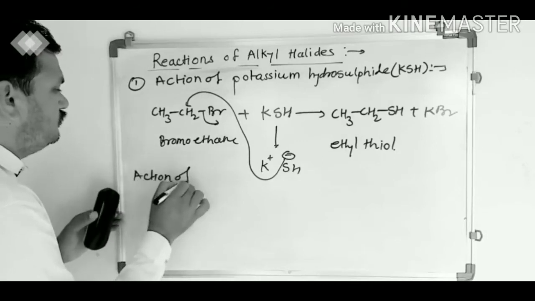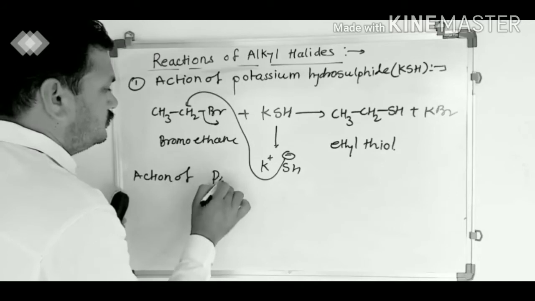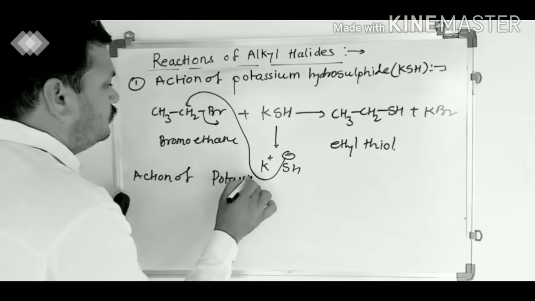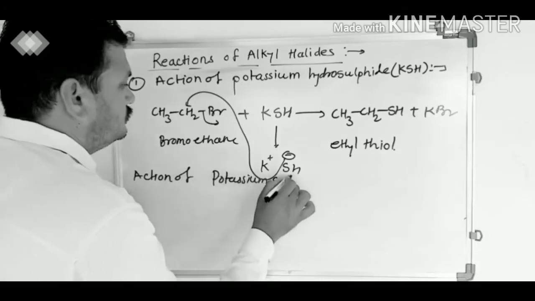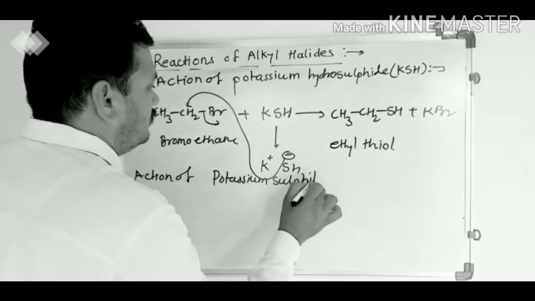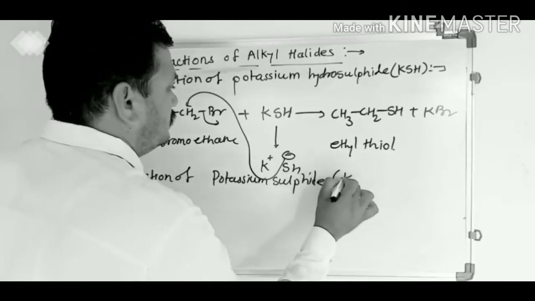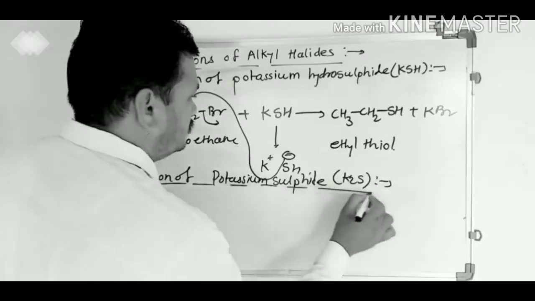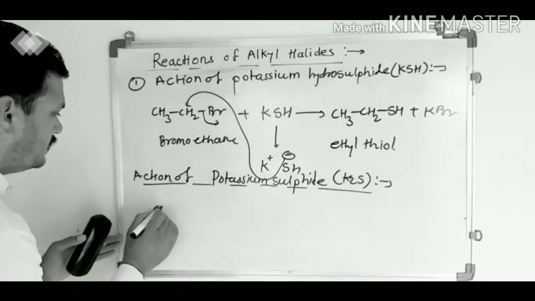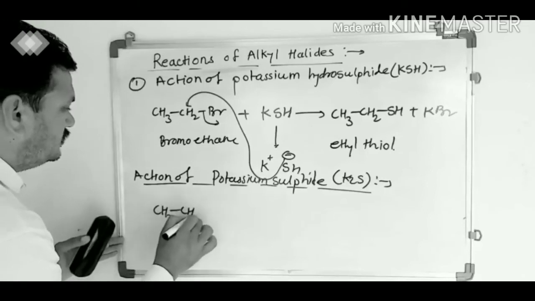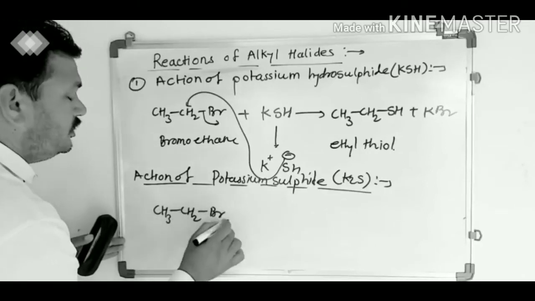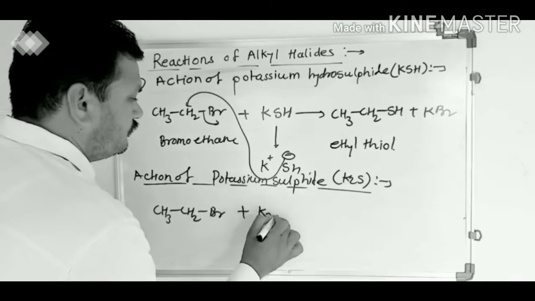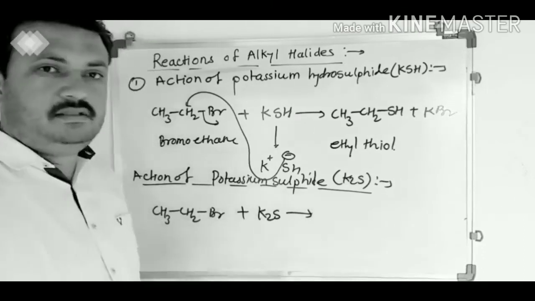Now, action of potassium sulfide, K2S. The example is CH3CH2Br, ethyl bromide reacts with K2S.